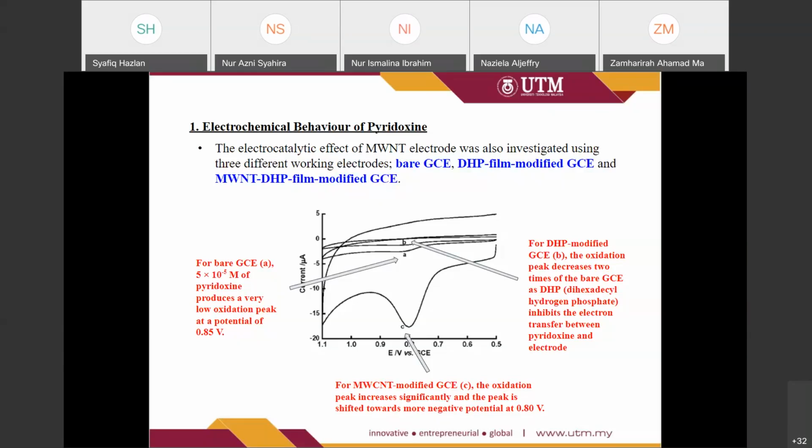And for C, which is multi-wall carbon nanotube modified GCE, the oxidation peak increases significantly, and the peak is shifted towards more negative potential at 0.80 volt. This shows that the multi-wall carbon nanotube modified GCE greatly enhances the sensitivity in determining pyridoxine due to its large surface area and also strong adsorptive ability.